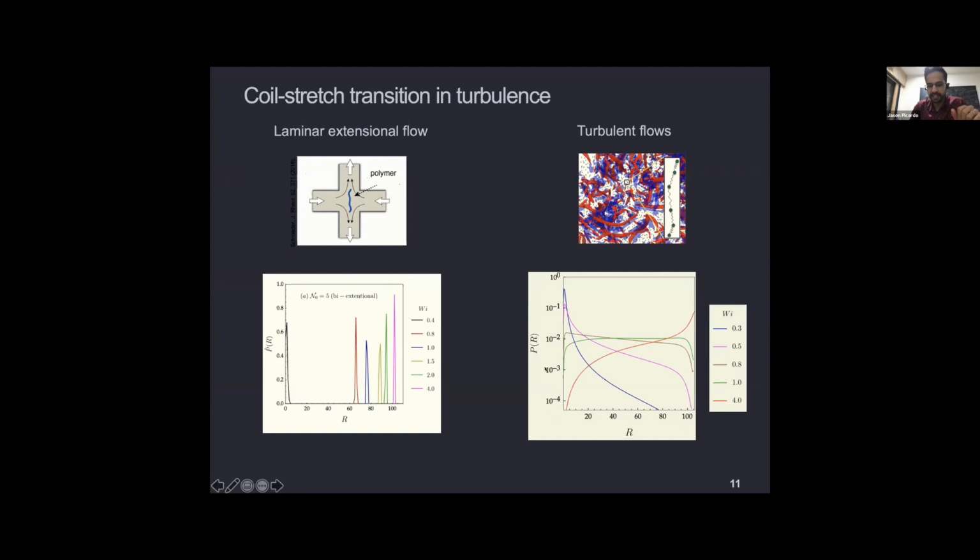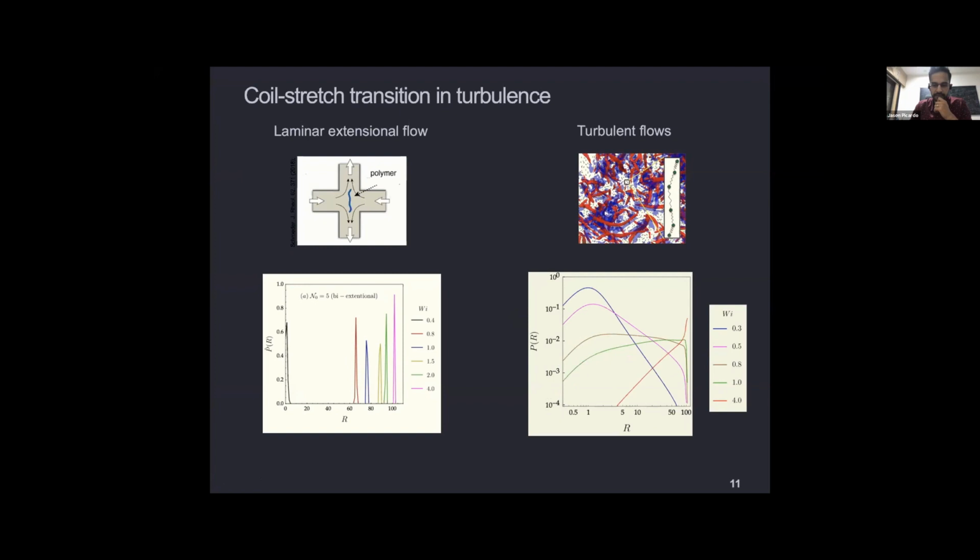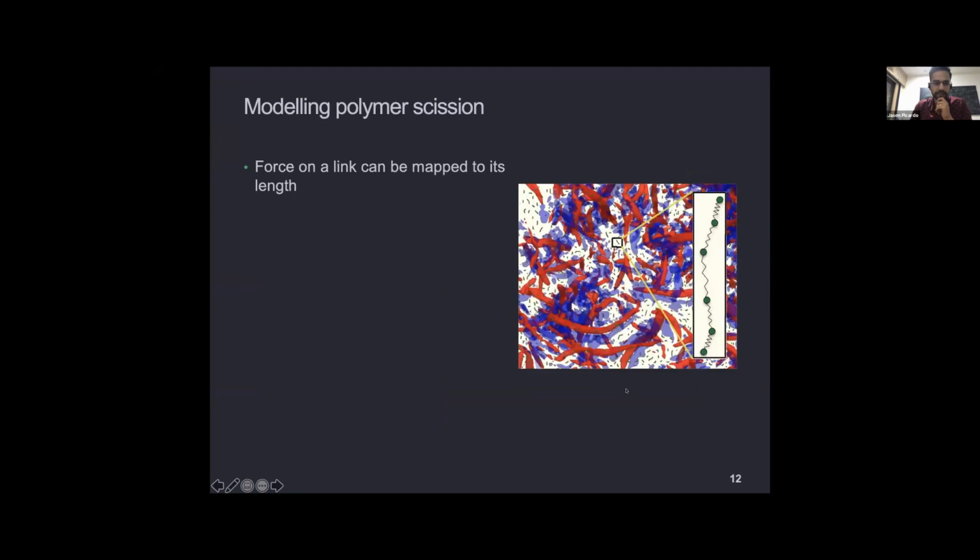If I take the y-axis to a log scale just to show you more clearly how things are happening, you see a broad sequence of broad distributions being formed, and ultimately the peak shifts from coiled to fully stretched out at very large Weissenberg. But in between, you really have a broad distribution. And indeed, on a log-log scale, you see that they are described by power laws. This again has been studied before. So the main message I want to convey is that the stretching behavior is very different in turbulence, which is why it really merits a separate investigation.